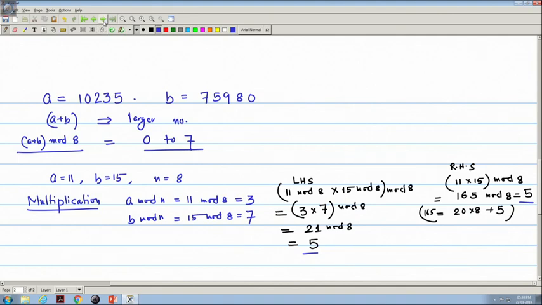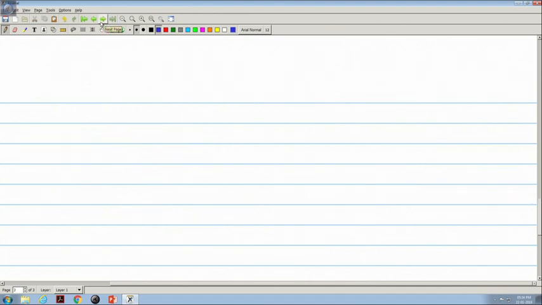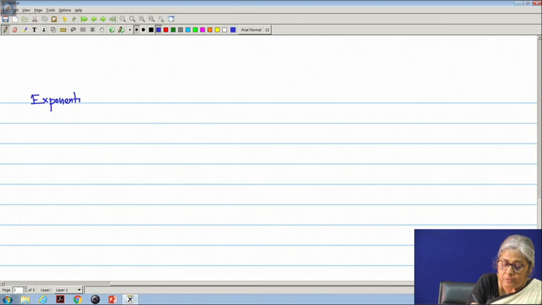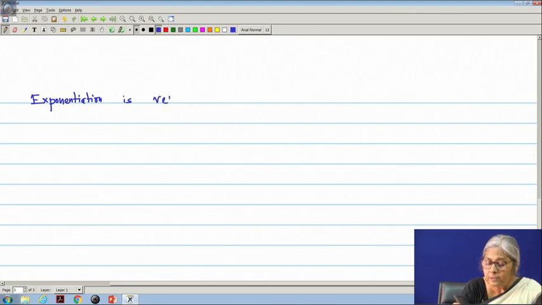So, in this way we can now take exponentiation, because we know the exponentiation is nothing but repeated multiplication.